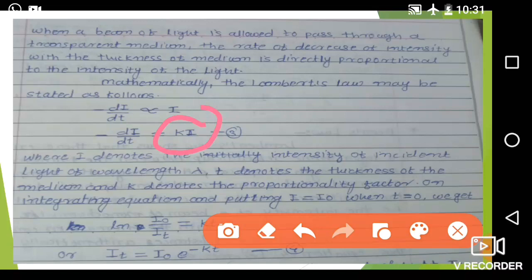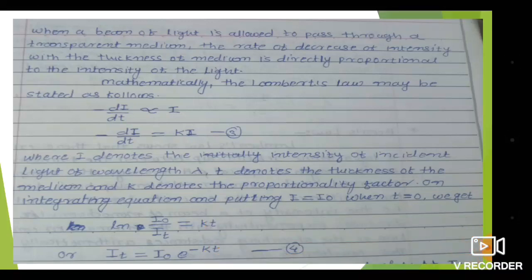This is equation number 3, where I denotes the intensity of the incident radiation, lambda is the wavelength, t denotes the thickness of the medium, and k denotes the proportionality factor.